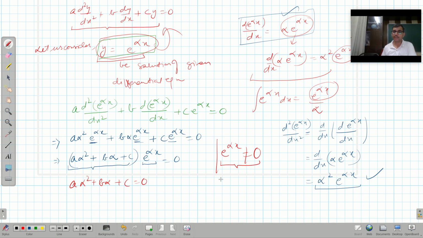As I know, ax square plus bx plus c is a quadratic in x; similarly, this equation is quadratic in alpha. So alpha can be written as minus b plus minus square root of b square minus 4ac over 2a.